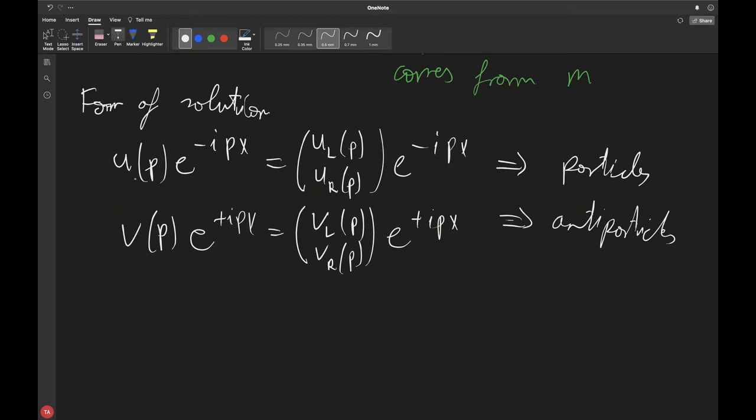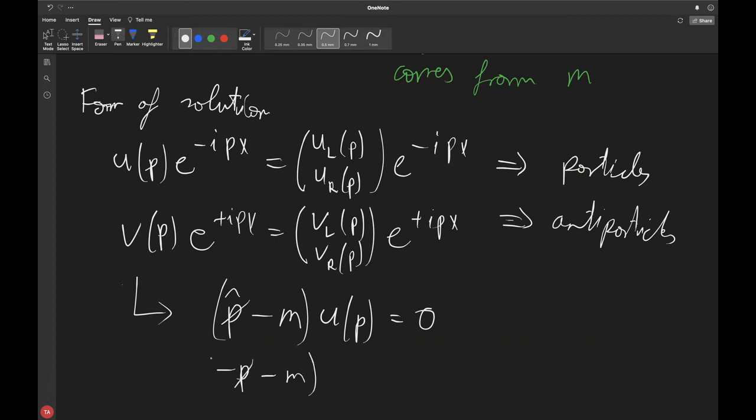These u and v have to also satisfy the Dirac equation, which means that we could write that (p slash minus m) acting not on psi now, but on u(p) is 0, and also (minus p slash minus m) acting on v(p) is 0 as well.